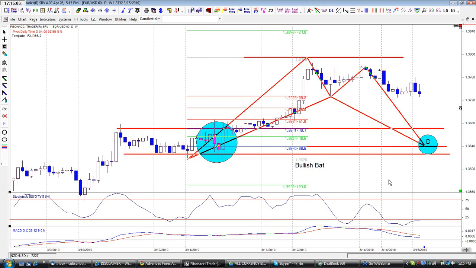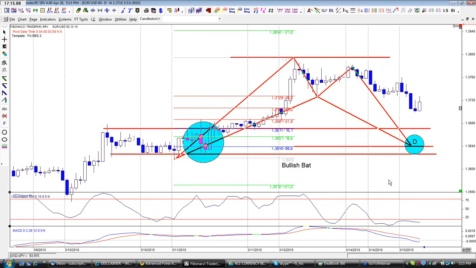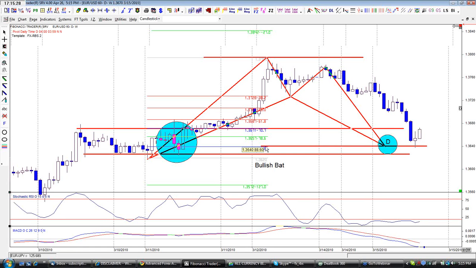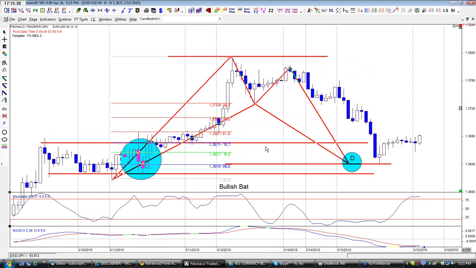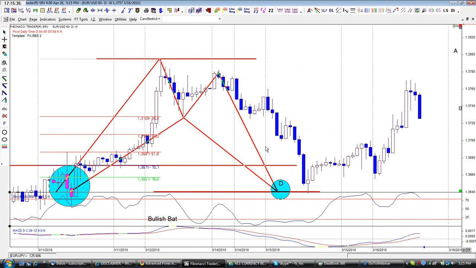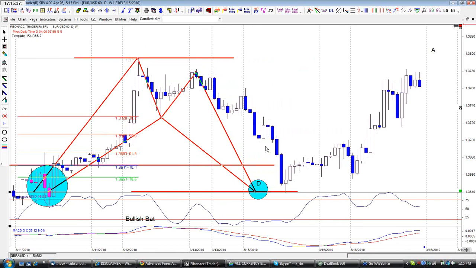And let's see, price is coming lower, comes inside this support zone, fills in the entry, and then price moves bullish.